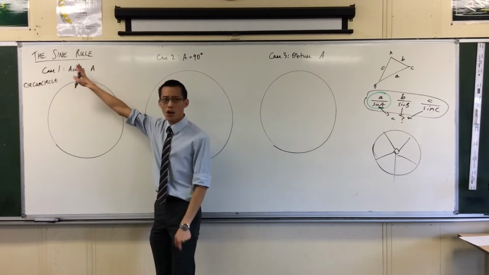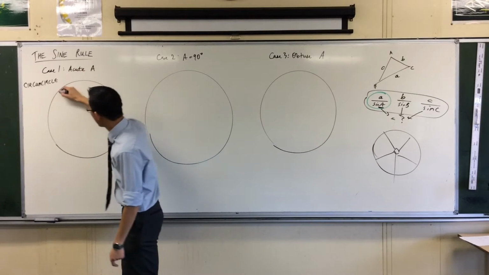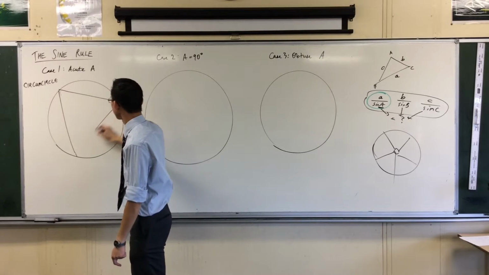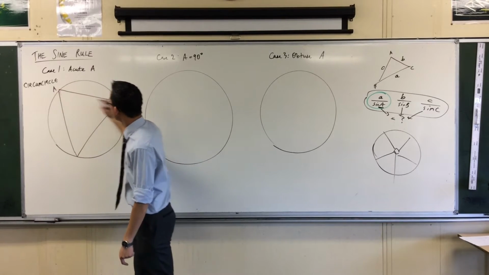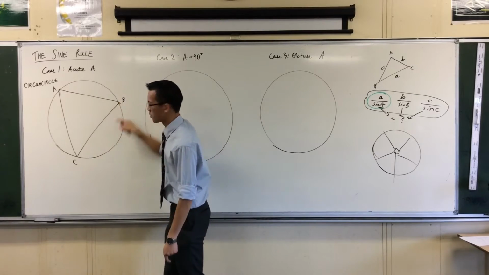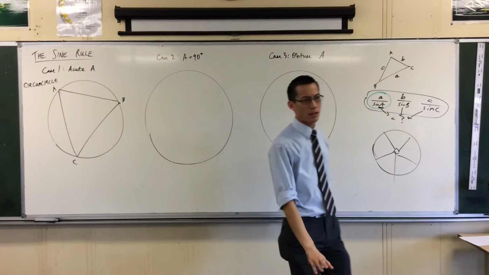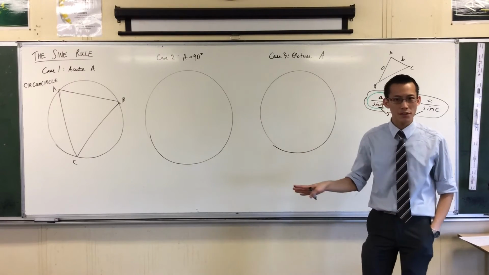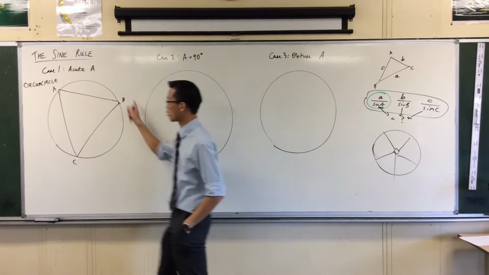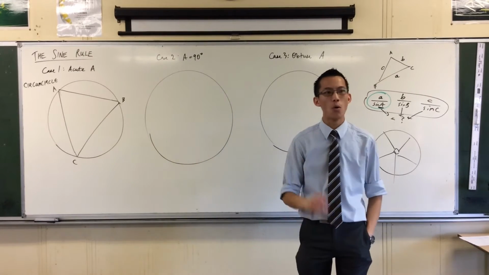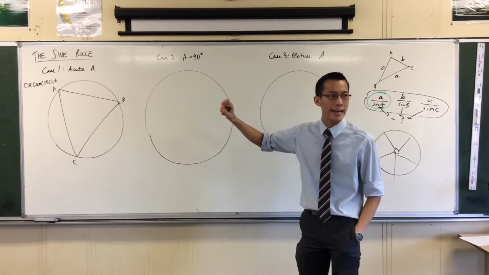So, if you've got an acute angle that you're interested in, like so, use your imagination. If you have an acute angle, then that means the center of the circle that passes through all of the points in the triangle will be inside the triangle.